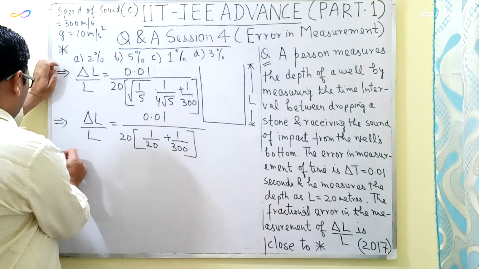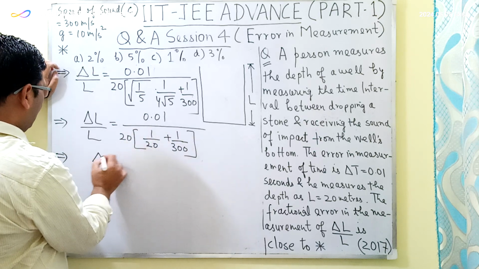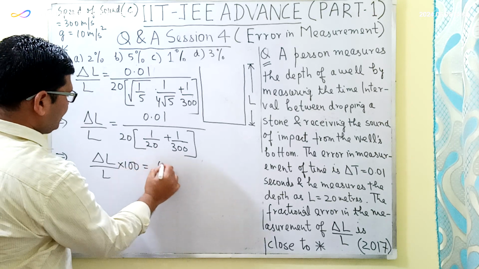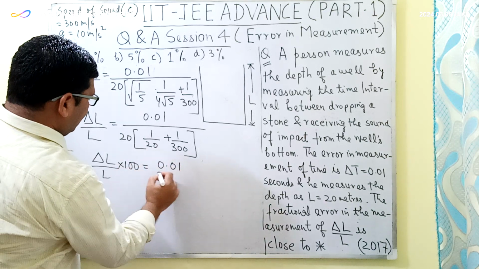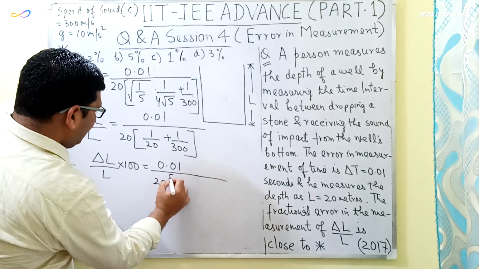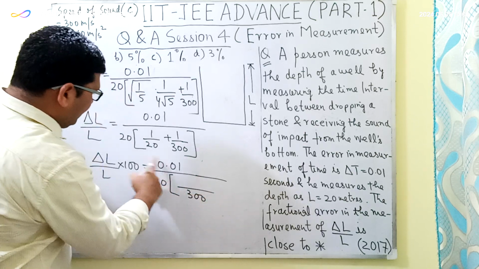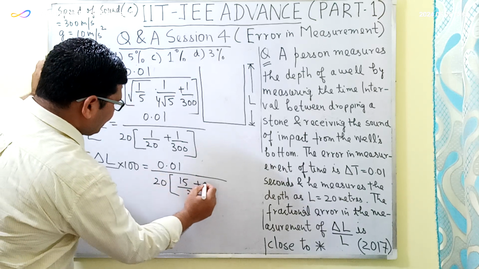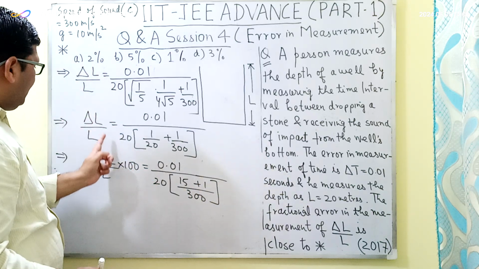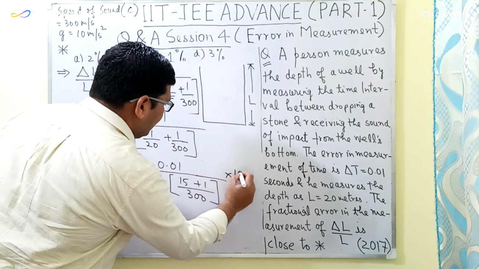So I will be multiplying this equation on both sides by 100. So delta L upon L into 100 will be equal to 0.01 upon 20, and taking the LCM of it, 300 is equal to 15 plus 1, and since I have multiplied this equation on both sides by 100, this will be into 100.